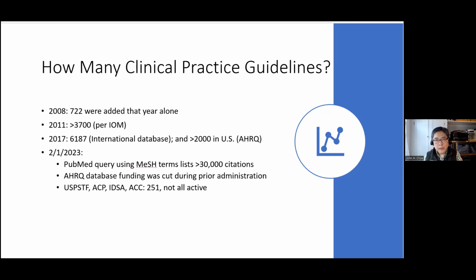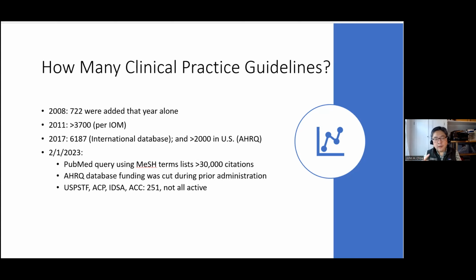Now, I don't think those 30,000 citations are clearly all clinical practice guidelines by the way that we're defining this. I think that's part of the problem. Again, there's not necessarily a standard common definition for what someone calls a clinical practice guideline. So somewhere between 30,000 and probably like 10,000.